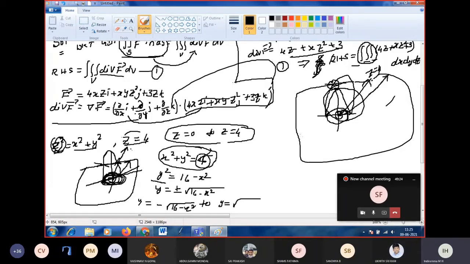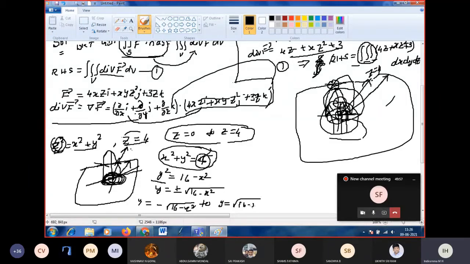In the circle with center at origin and radius 4 units, this is the vertical variation, from the lower circle to the upper circle. The lower circle is the negative side, minus root of 16 minus x square, and the positive circle is root of 16 minus x square. That is what we got here.